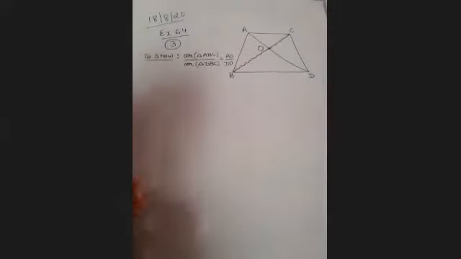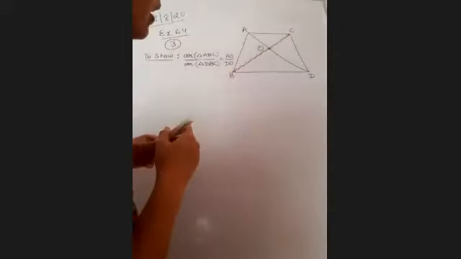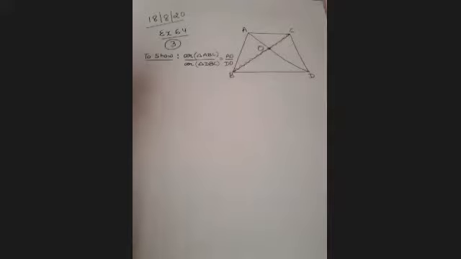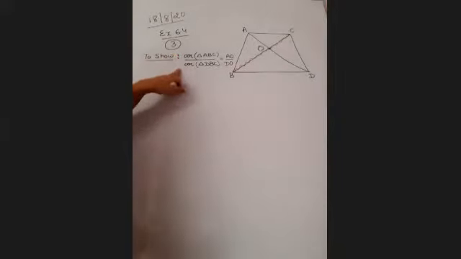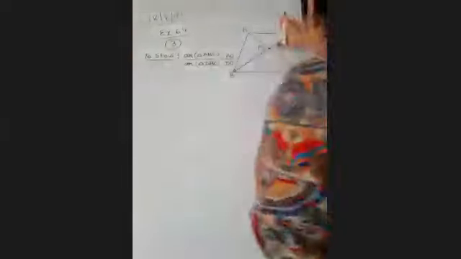These are actually the two triangles on the same base BC. We are given BC and AD intersect each other at O, and we need to show that area of triangle ABC upon area of triangle DBC is equal to AO upon DO.